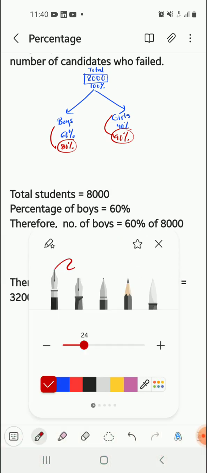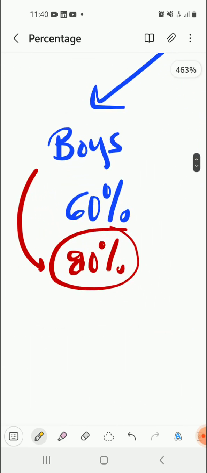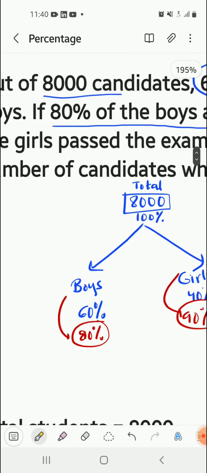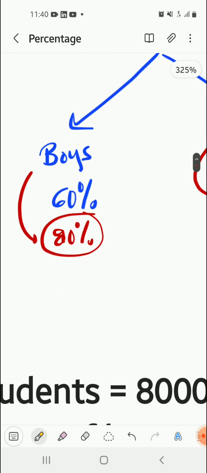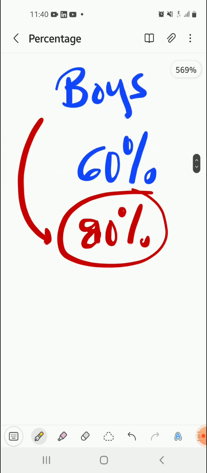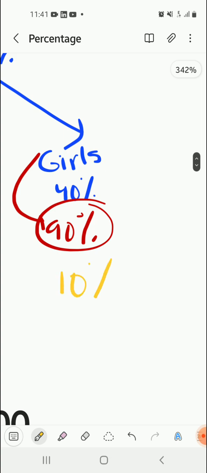Now see, if you see the question carefully, you'll understand that 80% of the boys have passed the examination. And we have to find out the total number of candidates who failed. So if 80% of the boys have passed, it means 20% have failed. And in girls, 10% have failed.